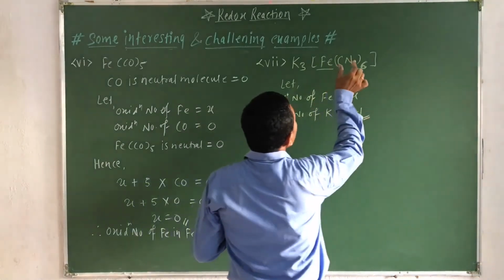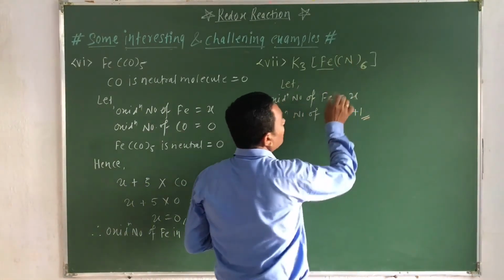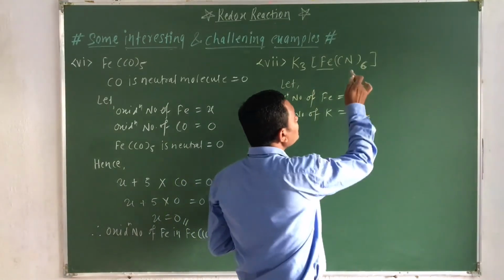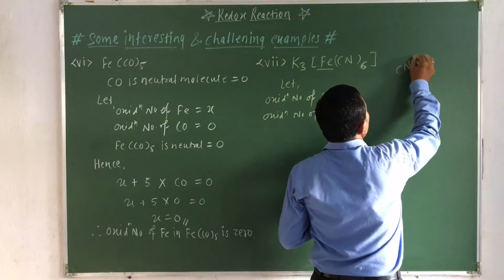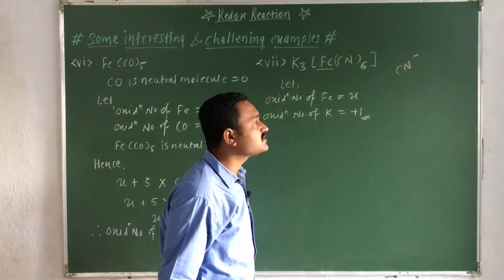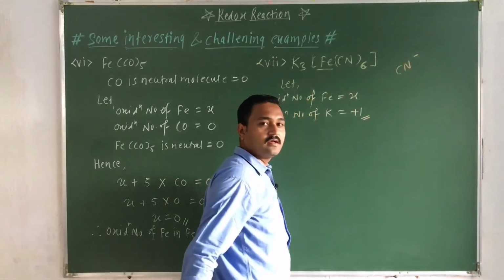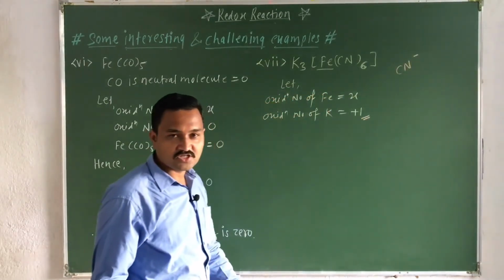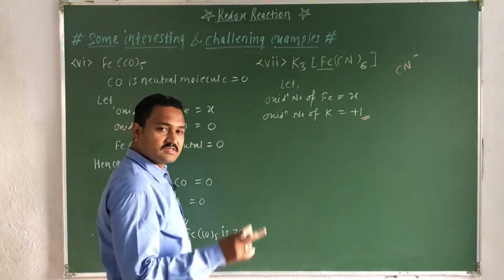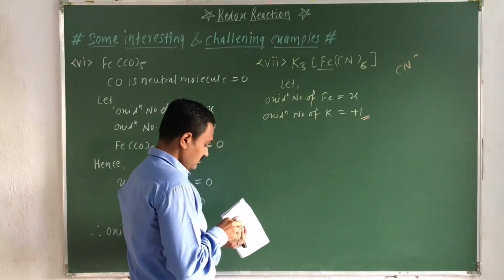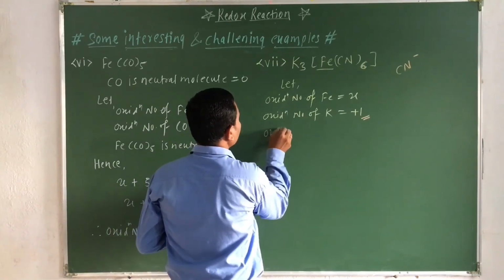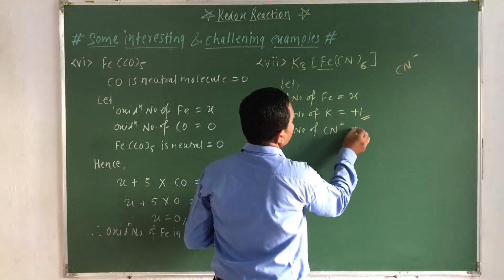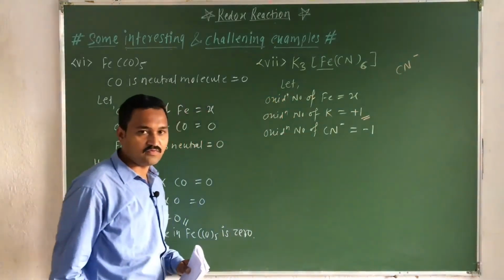Now this particular coordination compound is formed by the donation of a lone pair of electrons to the Fe. Generally here your cyanide ion is in the form of CN-. So the charge on that particular ion is nothing but its oxidation number. Is it right? We have studied that rule. So therefore the oxidation number of CN- will be equal to -1.